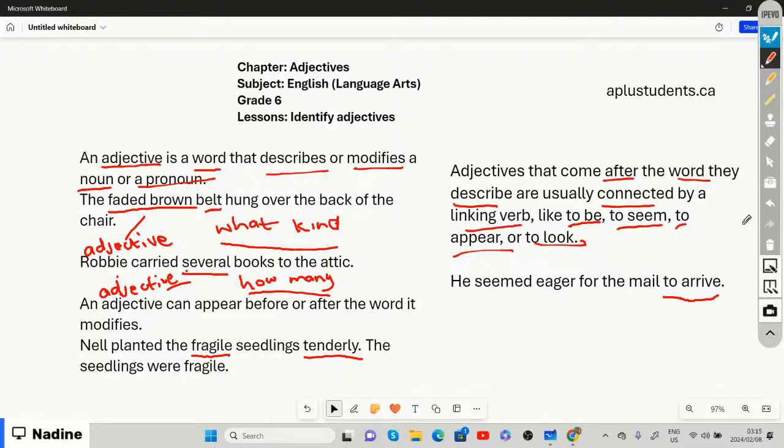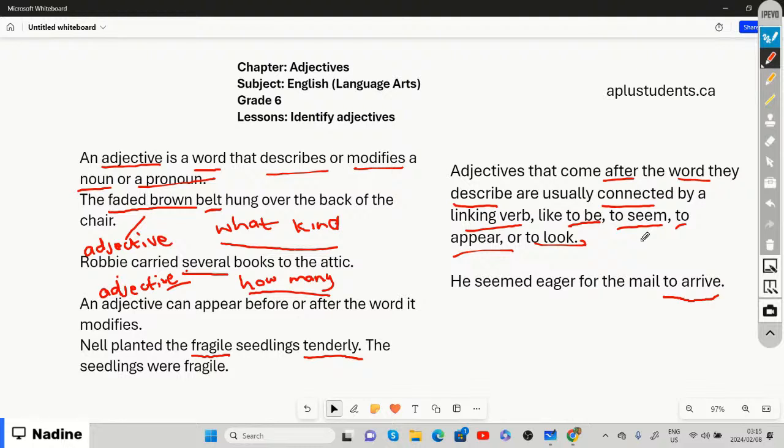So these are our adjectives, and we are doing our chapter on adjectives in our tutorial page, which is aplusstudents.ca. That is where we're going to be doing our tutorial as well as our test.